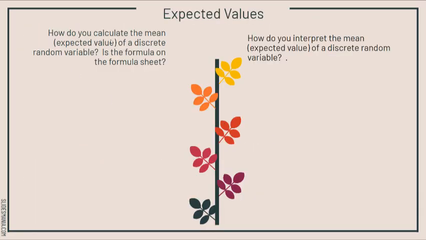Okay, how do you calculate the mean, which is also called the expected value of a discrete random variable? And is it on the formula sheet? This is how we calculate it. Mean of x is the same thing as expected value of x, so E of x. It's found by doing the summation of xi times pi, which is what we just did with roulette.